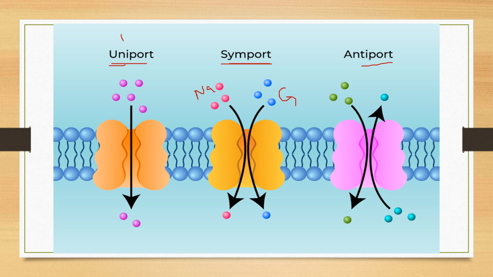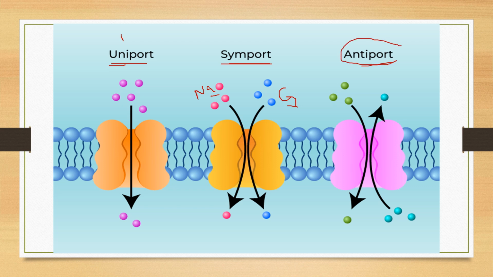So the sodium brings the glucose inside the cell, and in the same way sodium and glucose go outside the cell. If 2 molecules move in the same direction, it is called symport, and if only one molecule is involved, it is called uniport.